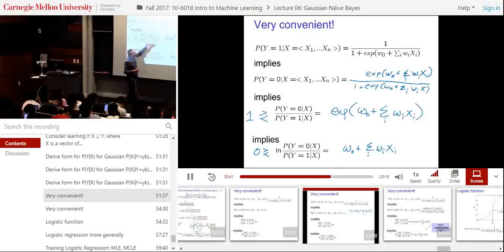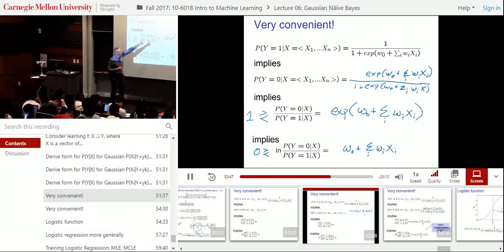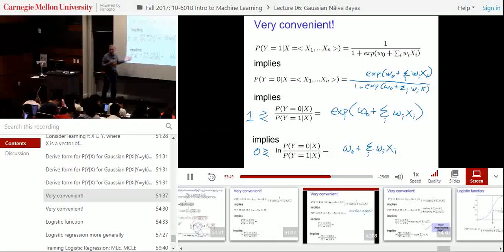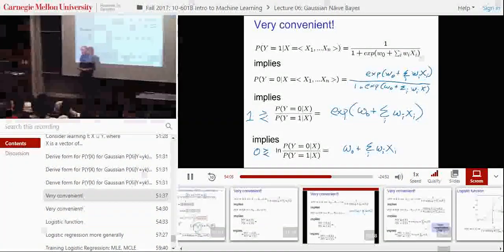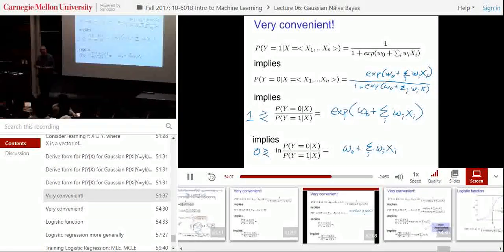So now, we know not only the functional form of P of y equals 1 given x, but we know that the decision surface, our final decision of whether to label x a positive or a negative, y equals 1 or y equals 0 label, is going to be a linear decision surface on the continuous values of x sub i.